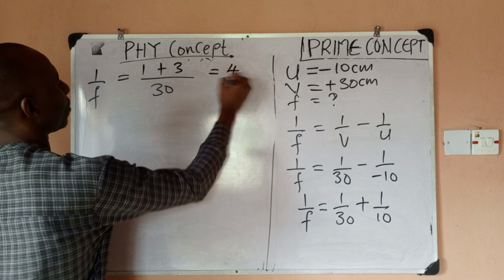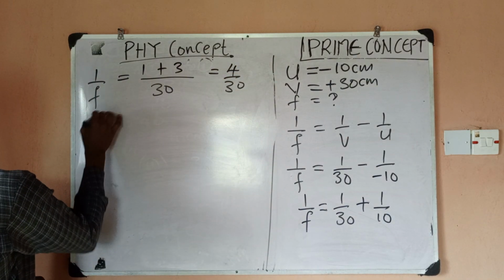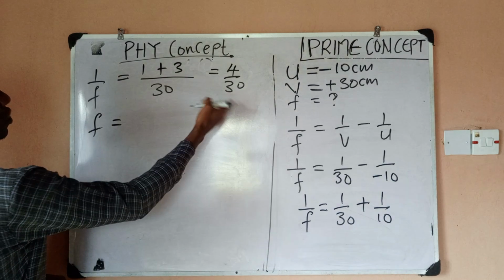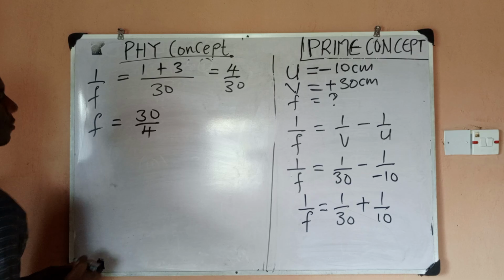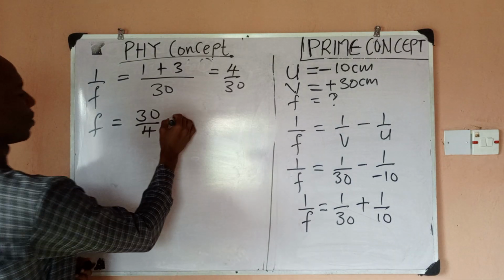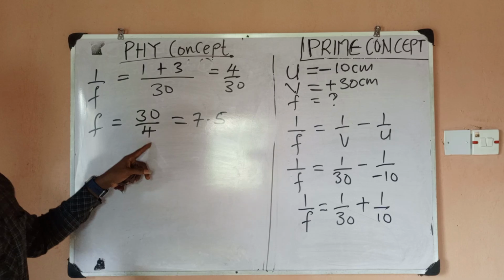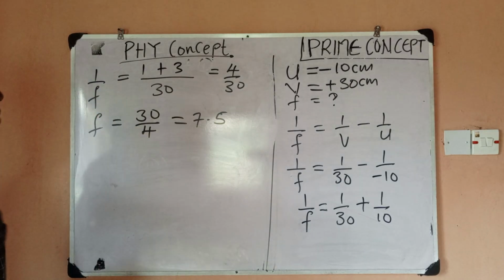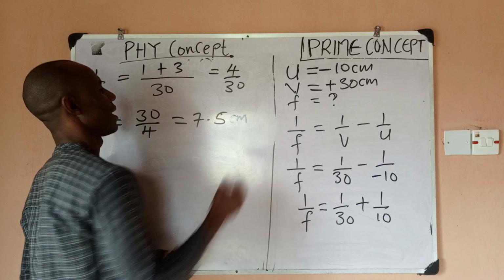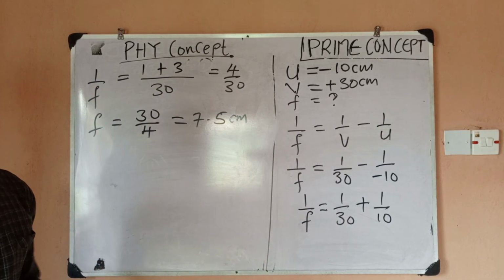So I have 4 by 30. So that I want to find F, I would simply say that F is going to be the inversion of this, which is 30 by 4, right? So I believe this should be 7.5, because 2 here 2, 2 here 2, 2 here 15, 15 by 2 is 7.5. So this is 7.5 cm, and our focal length is positive, which is actually what we expect.